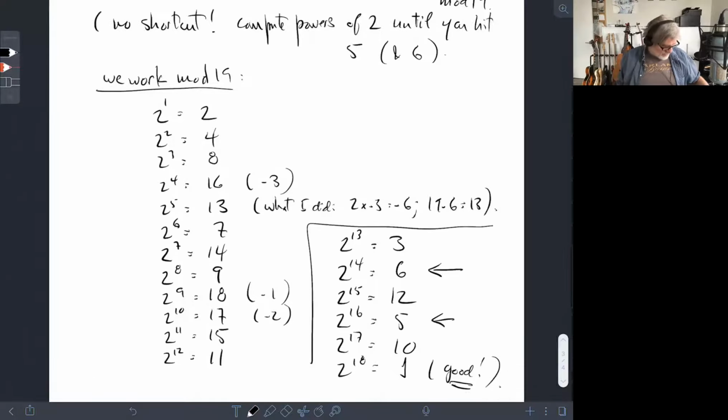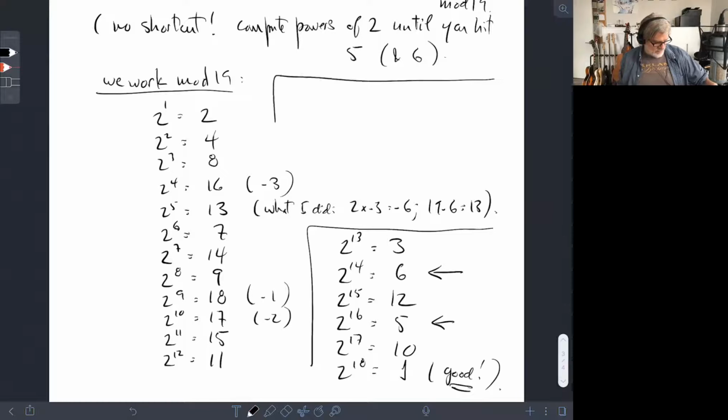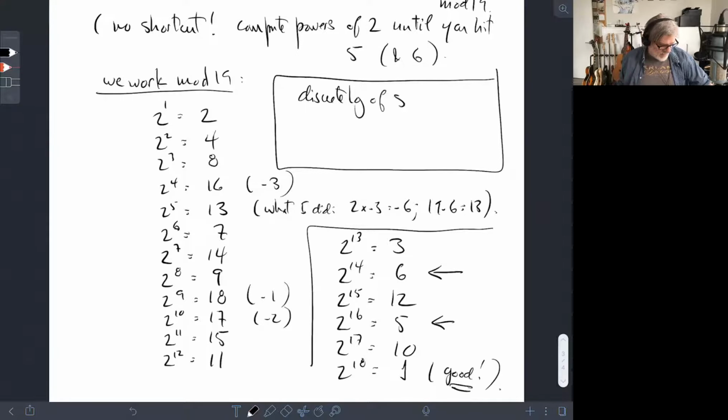Okay, so the answer to the problem: the discrete log of 5 in base 2 is 16, and the discrete log of 6 is 14. These are the exponents. This is base 2 mod 19.